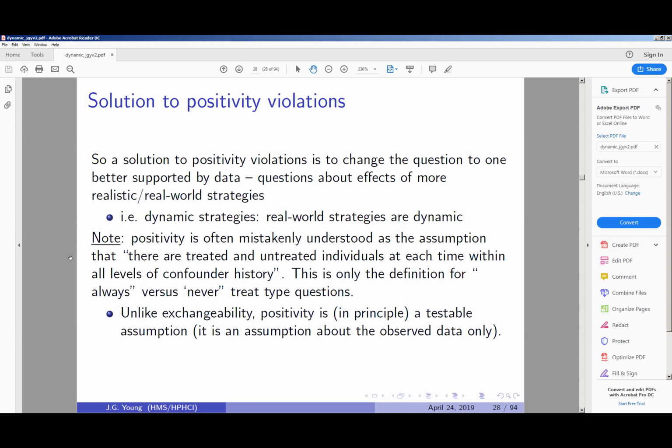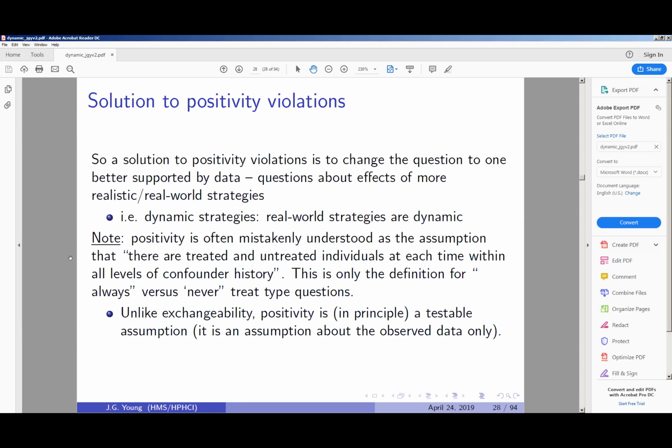And as I said before, positivity is often mistakenly understood as the assumption that there are treated and untreated individuals at each time within all levels of the confounder history. But as we just saw in the example, that's only the case for certain types of questions. You can always change the question to avoid a positivity violation by making it closer to what you see in the data that's creating the problem.